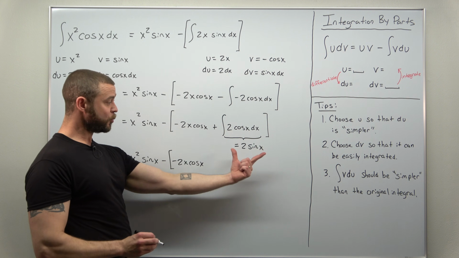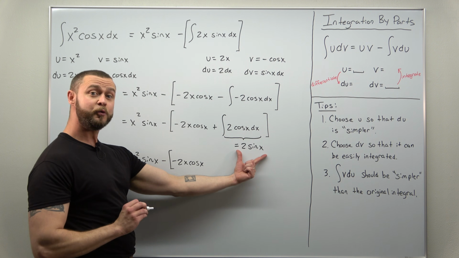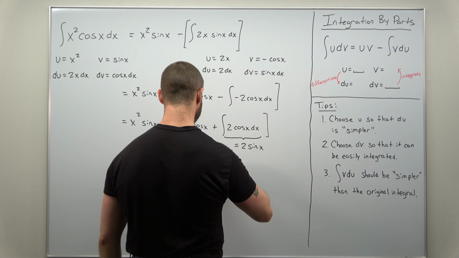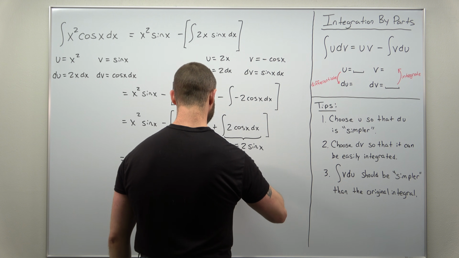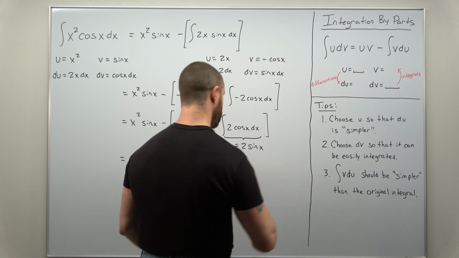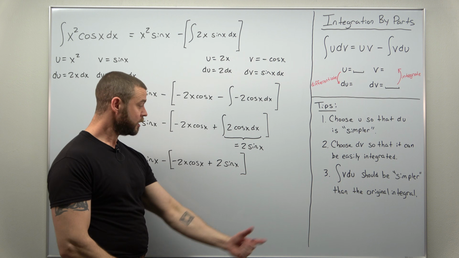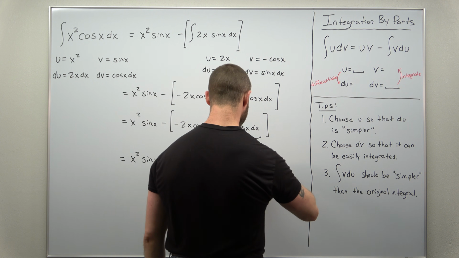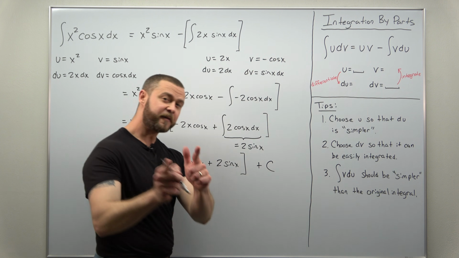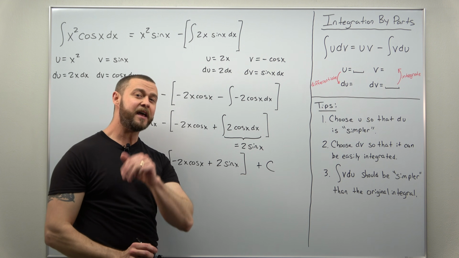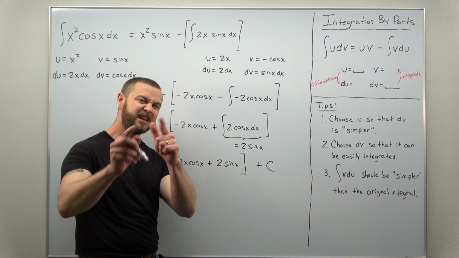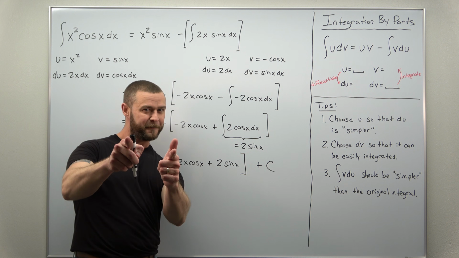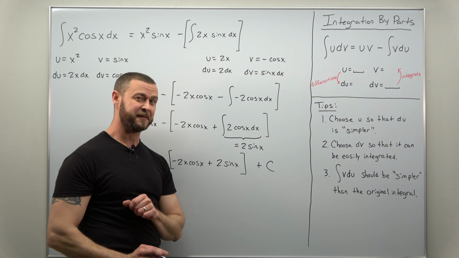And then this integral, we evaluated that to 2 sine of x. So plus 2 sine of x. And since we're done integrating, we can put our plus c at the end here. Don't forget that. Us professors love taking off points if you forget that. If you forget your plus c, minus 1,000 points.